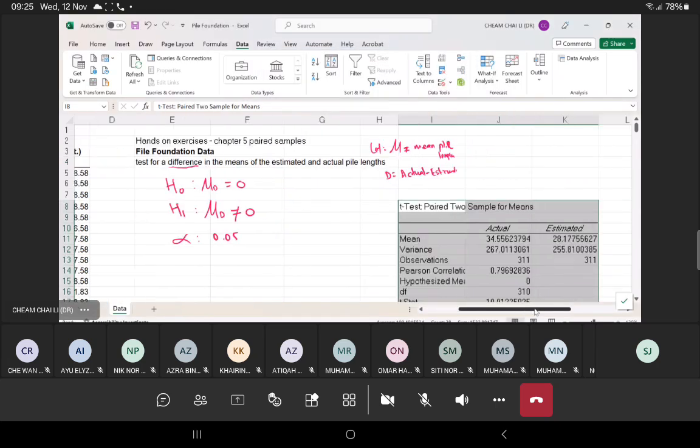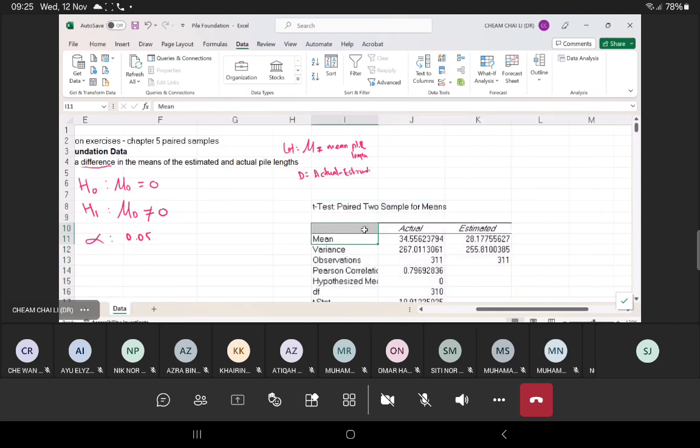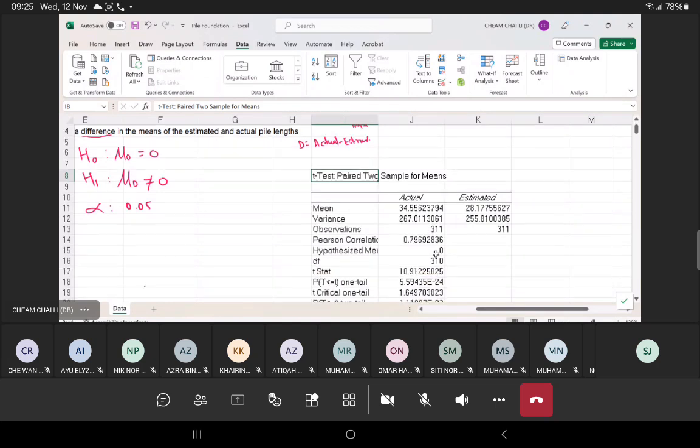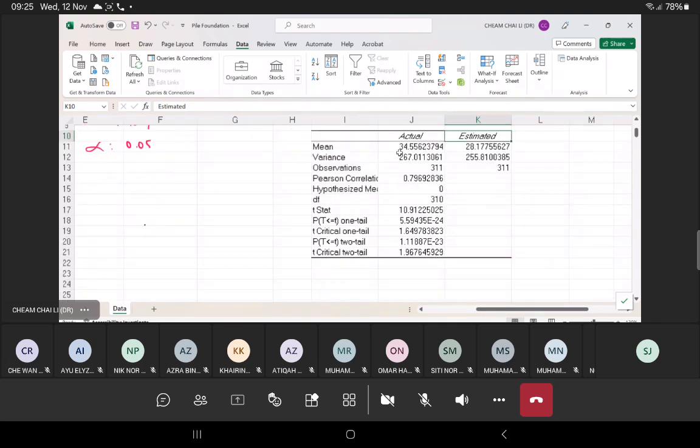So now I got my output. So you see, first you're gonna make sure you pilih yang betul, yeah. So this is t-test, still t-test, but measuring the PET sample, PET2 sample, and you start with the actual, dengan followed by estimated, right? So these are the means of actual and estimated, and these are the observation 311, right?